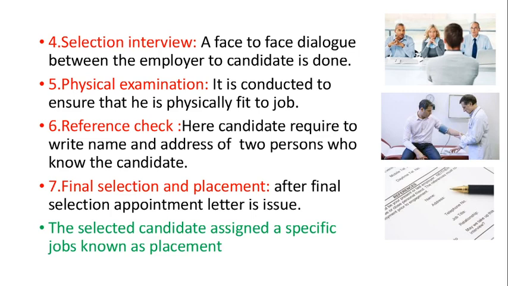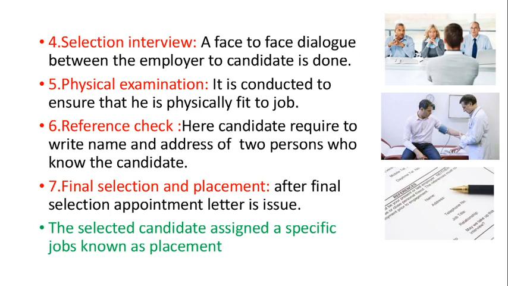The firm or organization can cross-check the information or character of the employee with those persons. So while writing the name and address of such persons, the candidate is required to take care, because these persons are required to provide correct information to the organization.